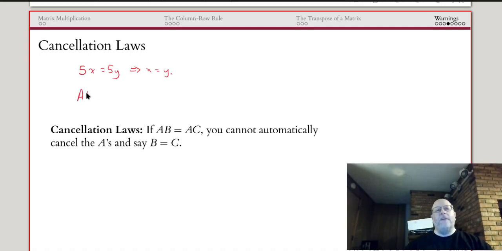But with matrices, if I have A times B equals A times C, I can't automatically cancel the matrices A and say that B is equal to C. Can't cancel the A's. Let's demonstrate why that doesn't work.